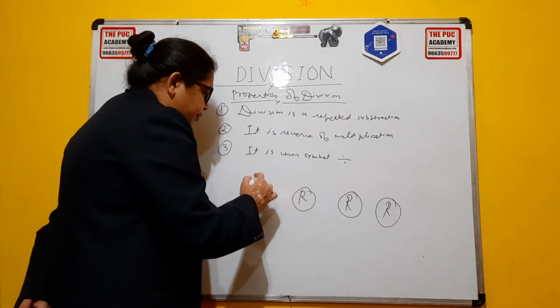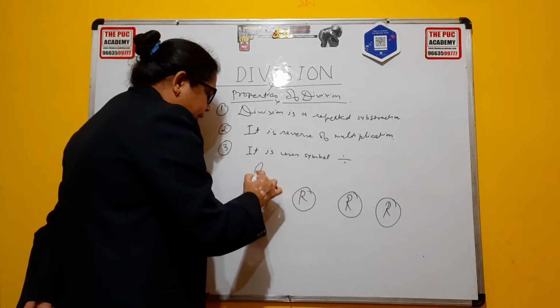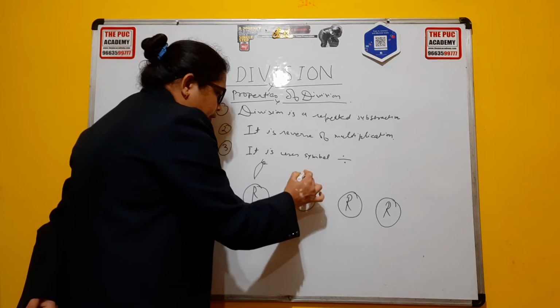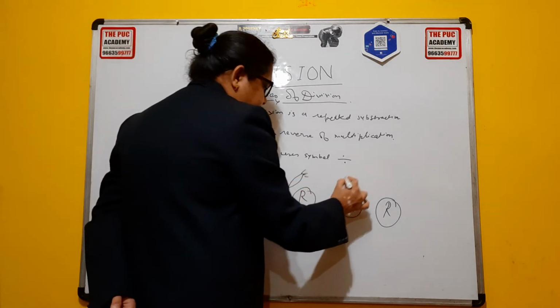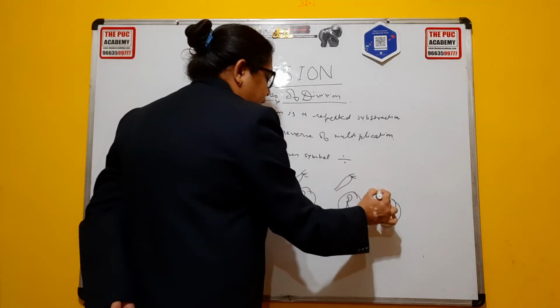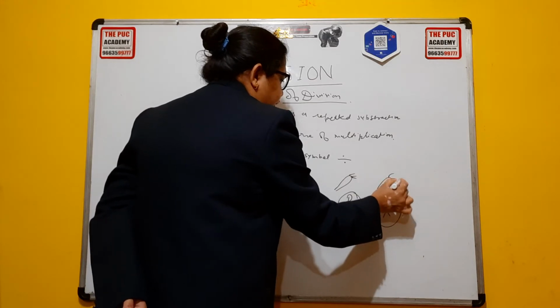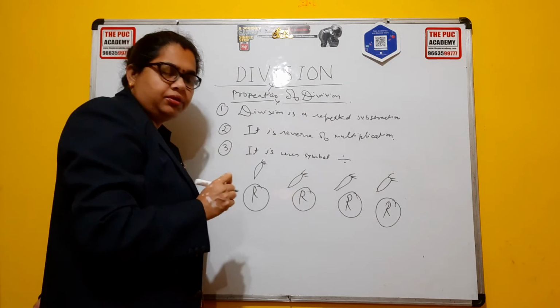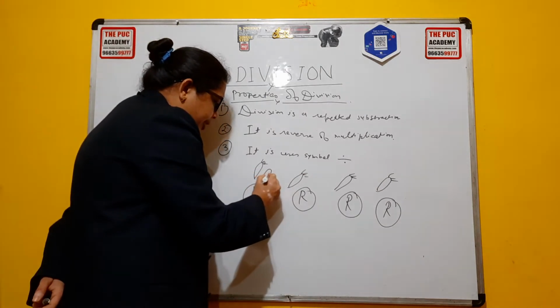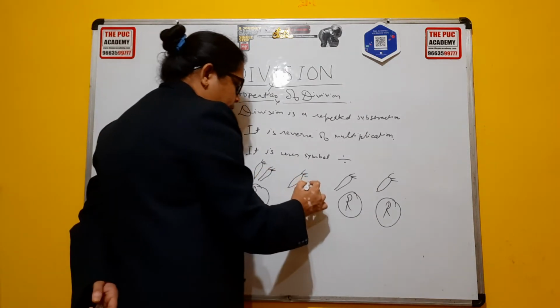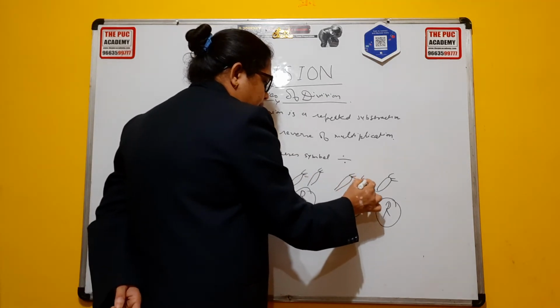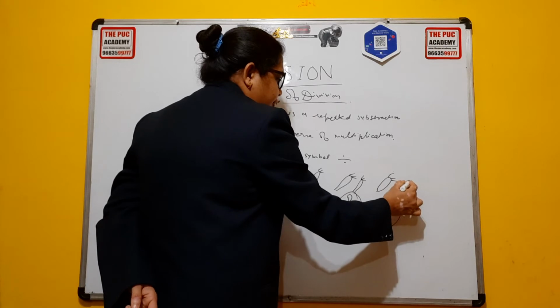So first I'll start dividing the carrots. Carrot 1, carrot 2, carrot 3 and carrot 4 for the 4 rabbits. Now something is left out. Start dividing again equally. Carrot 1, carrot 2, carrot 3 and carrot 4.